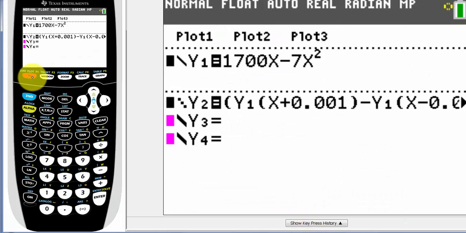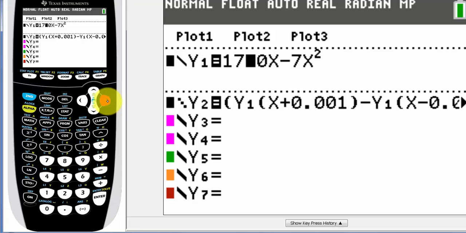Let's go to Y equals. Okay, let's keep this, right? That's the revenue. And let's subtract from there. I'm going to subtract my cost. So minus, be patient with me with this. Okay, so minus the cost.